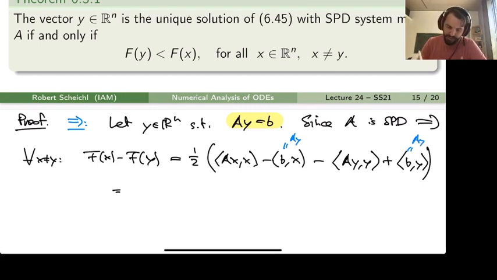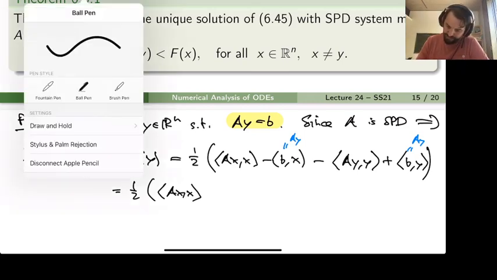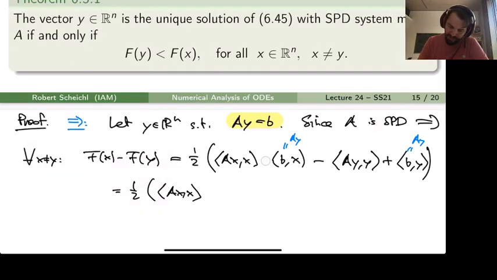The 2's are missing, sorry, because I've pulled the half out.